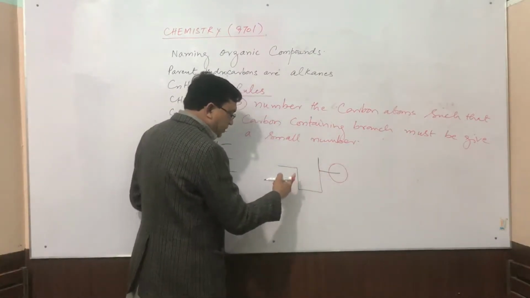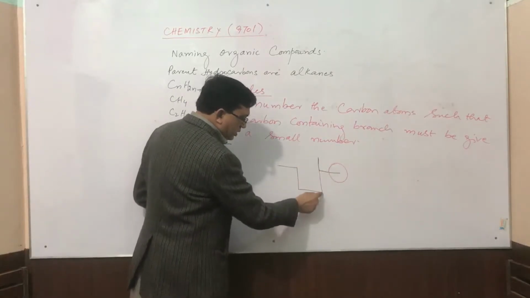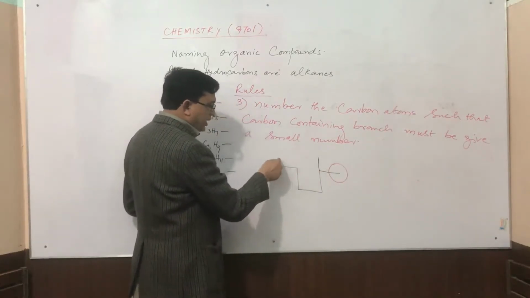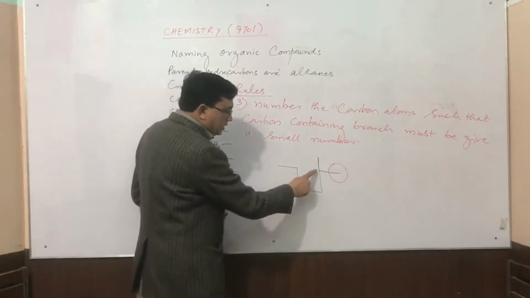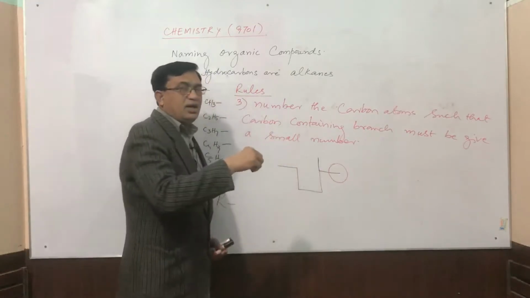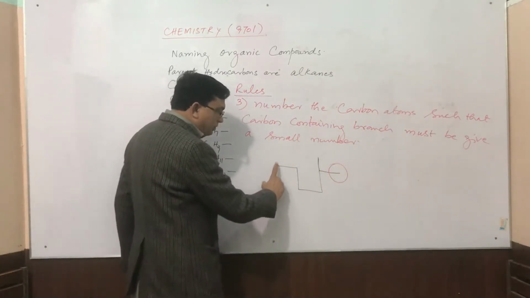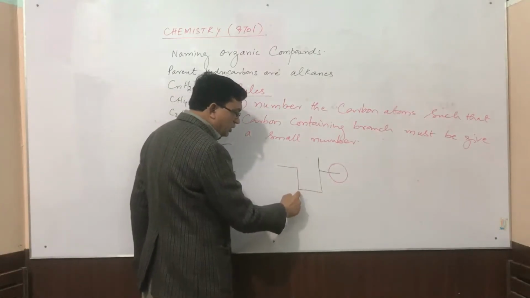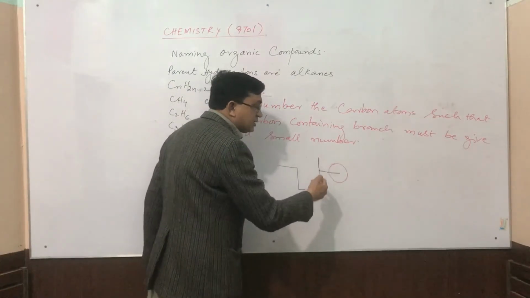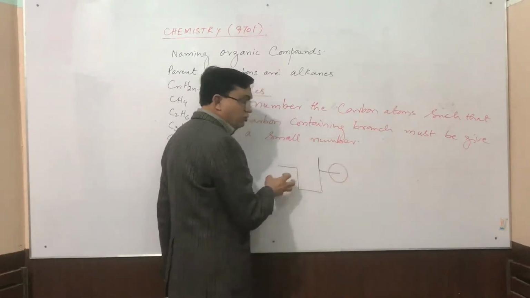Definitely we will prefer the numbering from this side: 1, 2, 3, 4, 5 and 6. Because the second carbon is containing the branch, it means that the lowest number should be given to that carbon. Now numbering from this side, 1, 2, 3, 4, 5 and then 6 would indicate that the number 5 carbon is containing the branch, but this will be wrong.